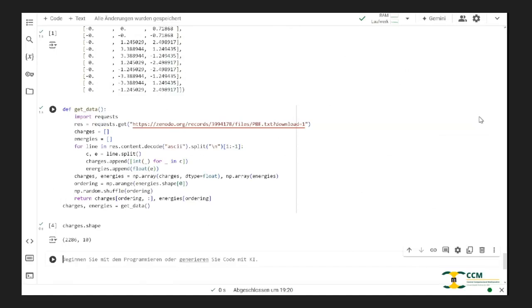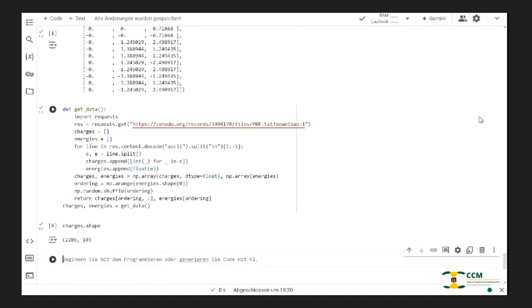So if you wanted to get the real nuclear charges for the molecules in the database, that's one row of this charge array, and then 8 times 1 after that. That's the nuclear charge. Is that clear?